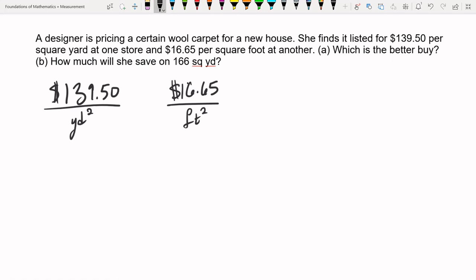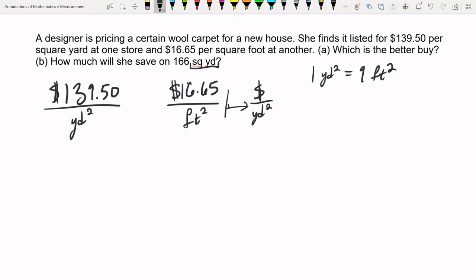Looking ahead, it says here that we're looking for square yards. So I'm going to convert this one here into dollars per yard squared. To do that, I'm going to look at my sheet that says 1 square yard equals 9 square feet.